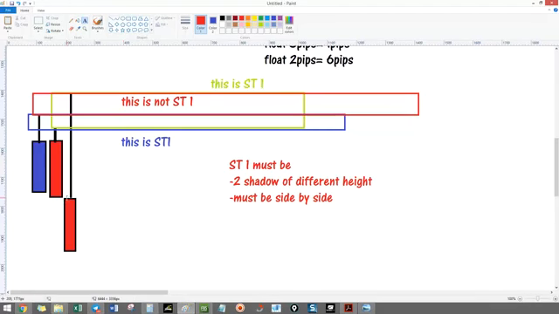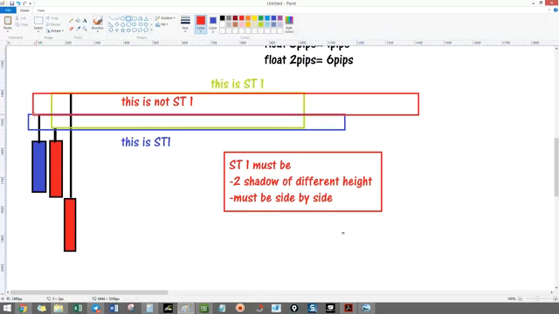If you take over here, you will not take the SNR. We only take the SNR if we have the bull and bear candle. So ST1 must have two shadows of different height, side by side.